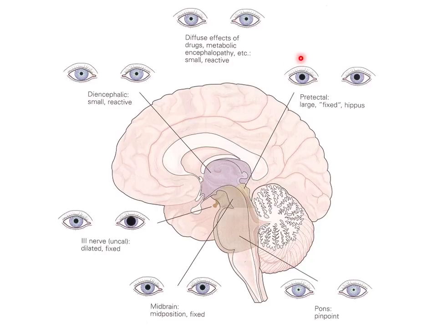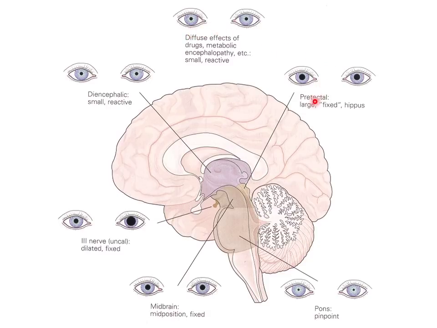And then we can see that there are very many appearances of the pupils that give us some indication of where the damage is for influencing pupil size. If the damage is in the diencephalon, that is in the thalamus, you'll tend to see small pupils. If there is diffuse damage due to drugs, metabolic encephalopathy, the pupils will also be small and reactive.